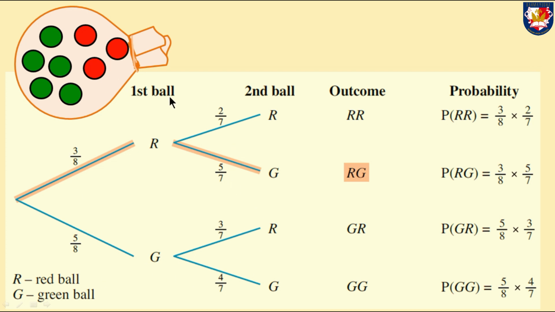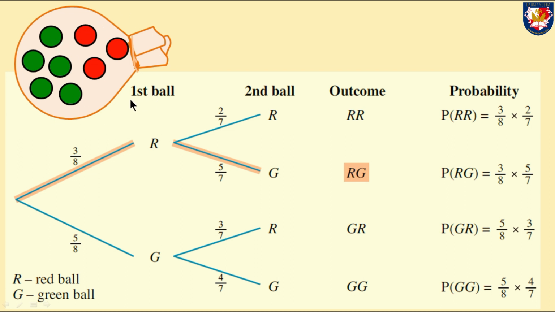At the first draw, there are 8 balls, 3 red and 5 green. So the probability that the first ball drawn is red is 3/8, and the probability that the first ball drawn is green is 5/8, because there are 5 green out of 8.